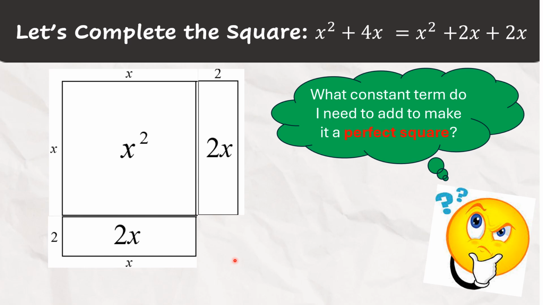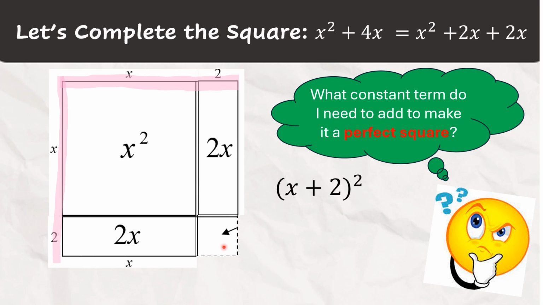We can see that this is the missing piece. With this missing piece, I will be able to form the area of the big square. The sides will be x plus 2, and therefore this will give us x plus 2 squared.